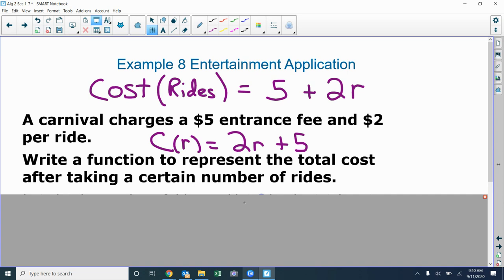Okay. So cost is how many rides? If I do 0 rides, what's it gonna cost me to get in? $5. If I do 10 rides, how much am I gonna spend that day? Real simple, 25, huh? I know some of you are like, oh, can I write it as f of x equals 2x plus 5? And what do you think my answer is to that? Yes, you can do that too.